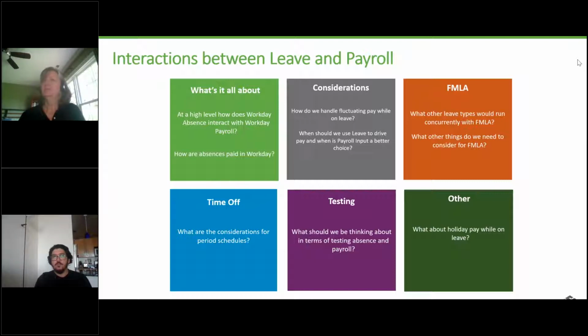Absolutely. So I know we've been talking mainly about leave of absence, but a common overlap with FMLA is also the time off perspective, your vacation and sick. So anticipate needing to enter absences, the time off pieces for vacation and sick, so that employees can receive pay while on FMLA.